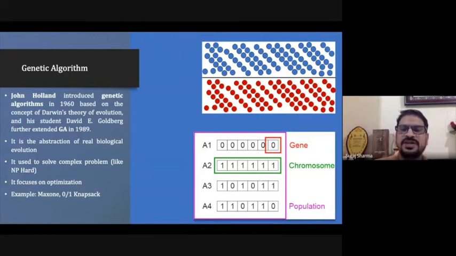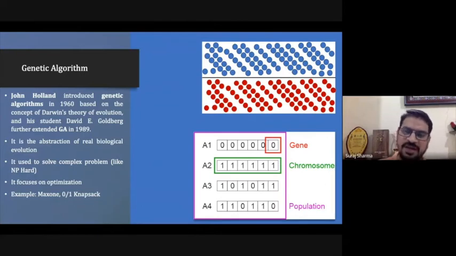In this population, we do some mutation, some refinement, and again find the fitness function of that, and whoever is not the fittest will be removed. So you can see the genetic algorithm is the algorithm for the survival of the fittest. Whatever chromosome has a good fitness value will participate in further reproduction, and the chromosome which has the least fitness value will not participate in reproduction.